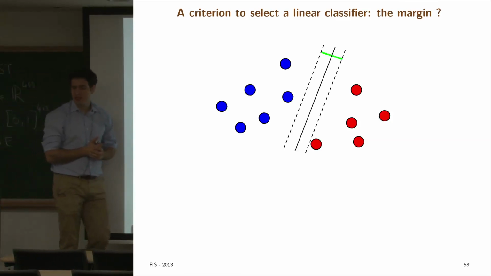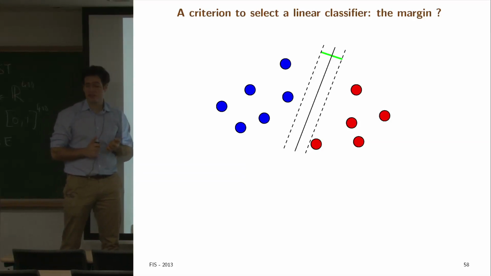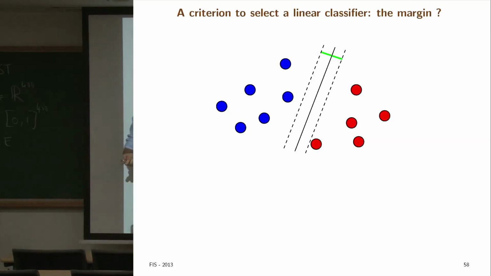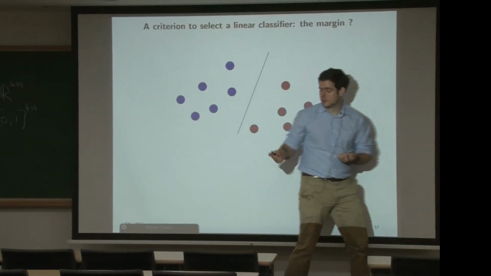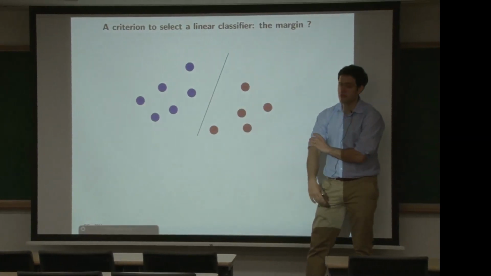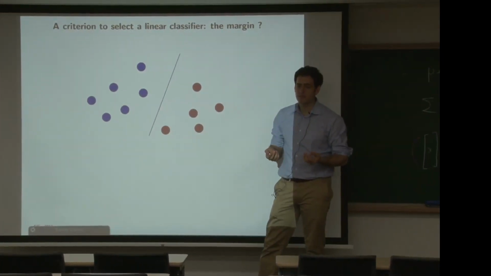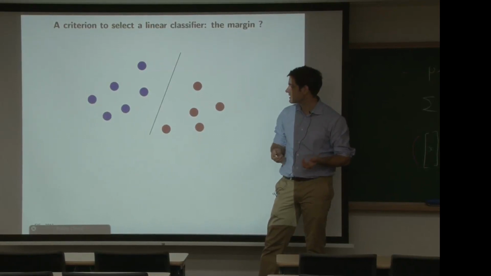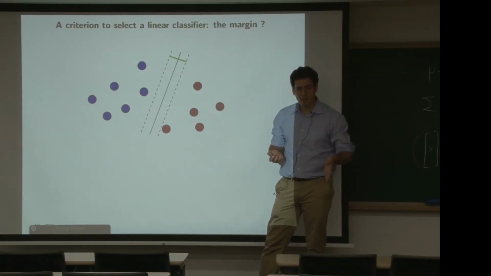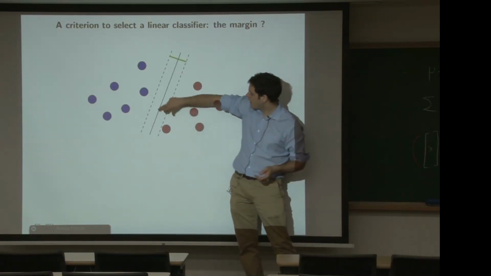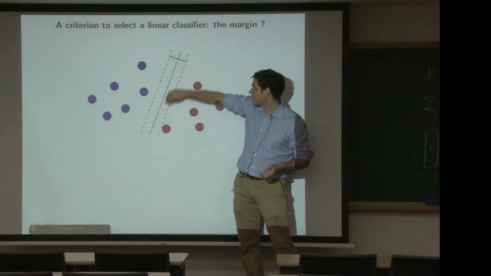Here is the interpretation behind the support vector machine. The support vector machine considers something called the margin. It's fine to separate points, blues and reds, and split them with a line, but the SVM says that what's more important is not so much being able to split. What's more important is being able to have a buffer around the separation surface.